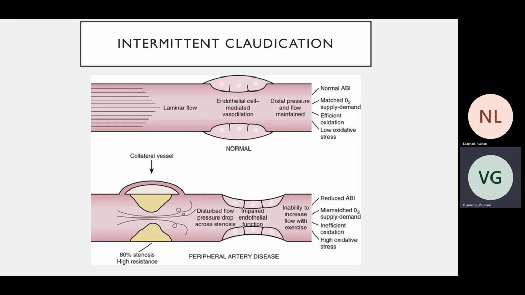With a patient that has PAD or some sort of atherosclerotic lesion, they're not able to match that increased demand for oxygen and blood flow. So then they get this mismatched supply and demand. Then they get oxidative stress, buildup of lactic acid and things like that. And then they get that pain in their legs. So that's what's happening with claudication.